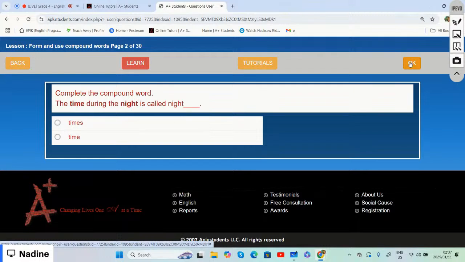The next one says the time during the night is called night what? Is it night times, option one, or night time, option two? So do we say it's night times or night time?